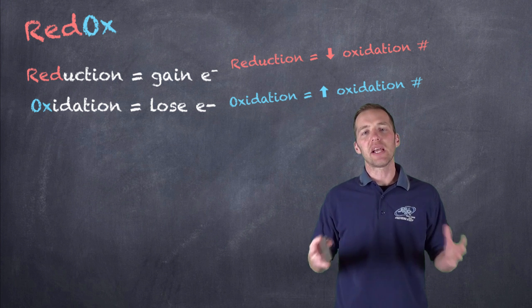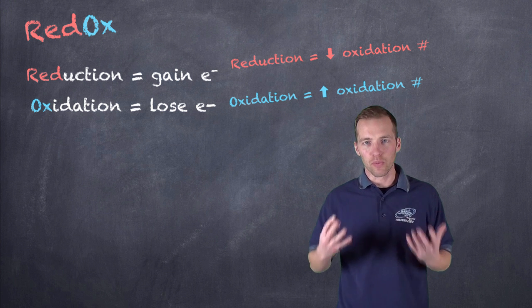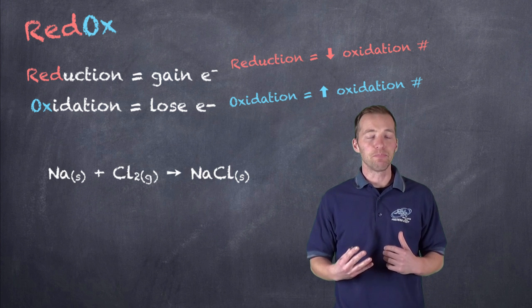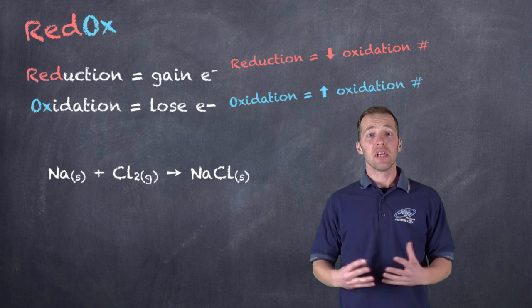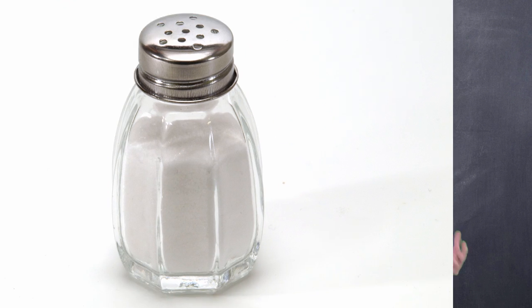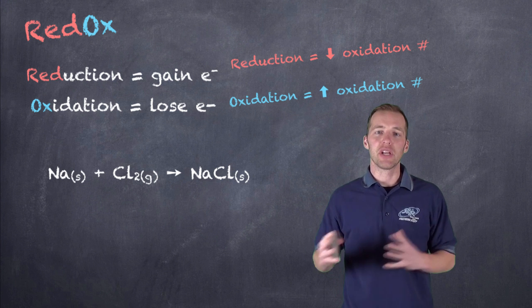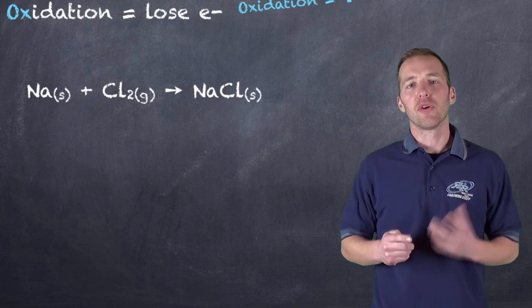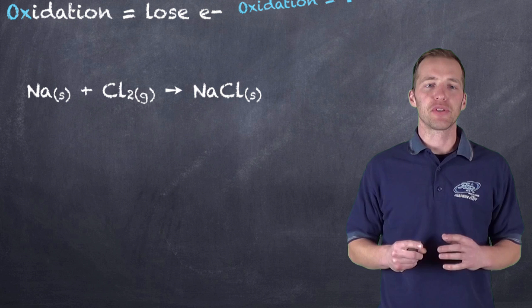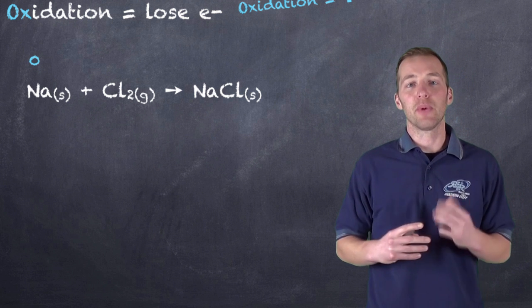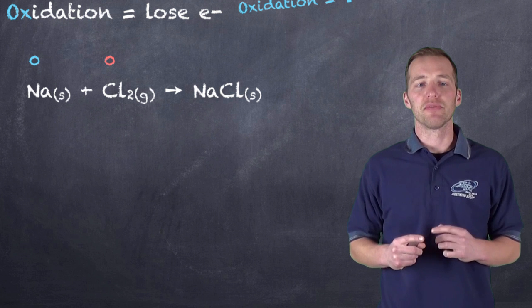And if we take a look at a really straightforward reaction involving solid sodium and gaseous chlorine, which produces sodium chloride, or what we commonly call table salt, this can be split up into oxidation and reduction as well. So first let's assign an oxidation number for sodium, and of course sodium and chlorine both being in their elemental state, we can assign both of them an oxidation number of 0.